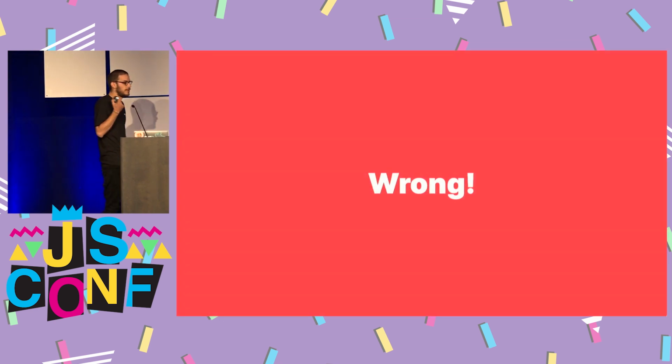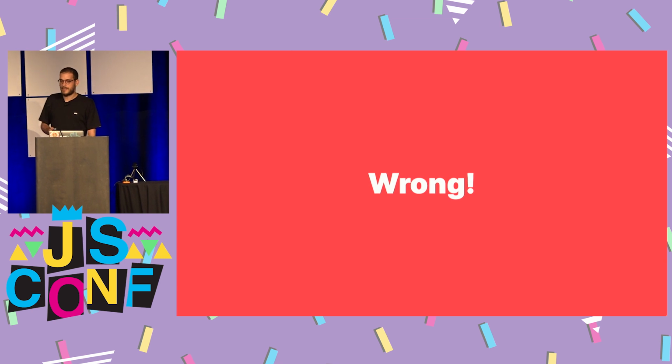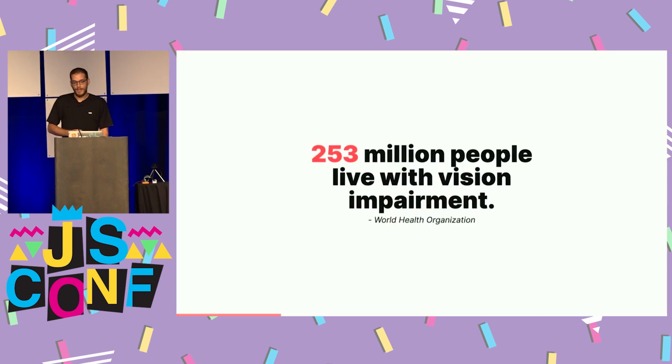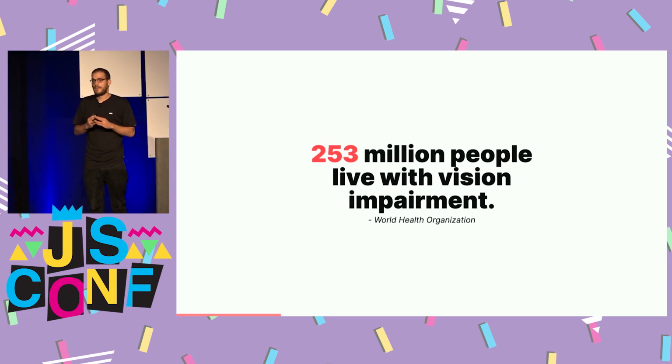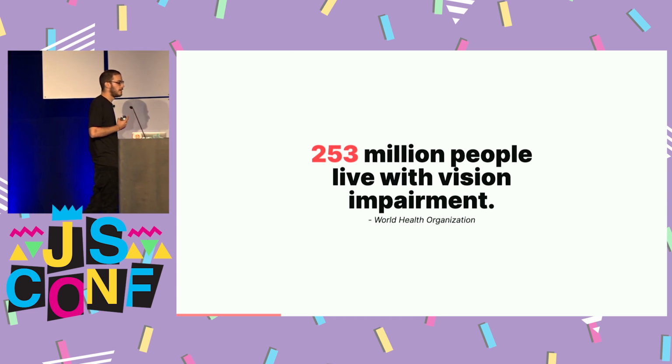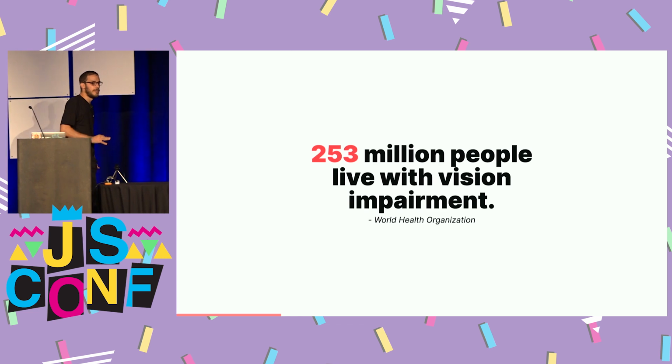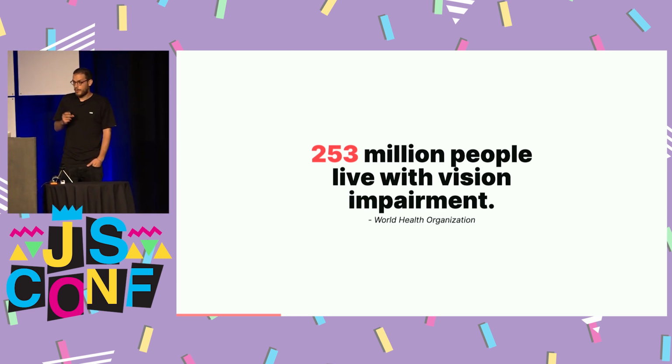Well, actually wrong. Numbers and statistics are heartbreaking. According to the World Health Organization, 253 million people are living with visual impairment all around the globe. Most of them are suffering poverty or living within war zones.